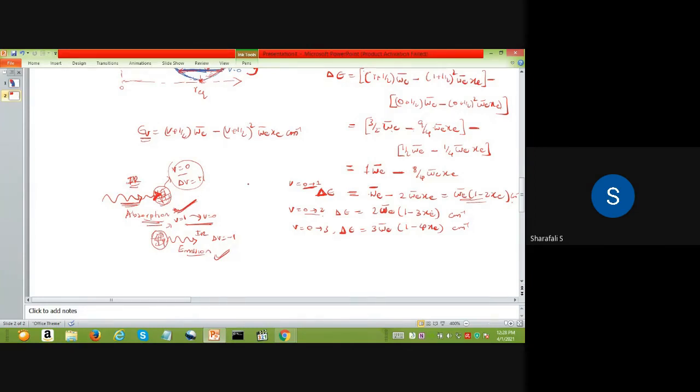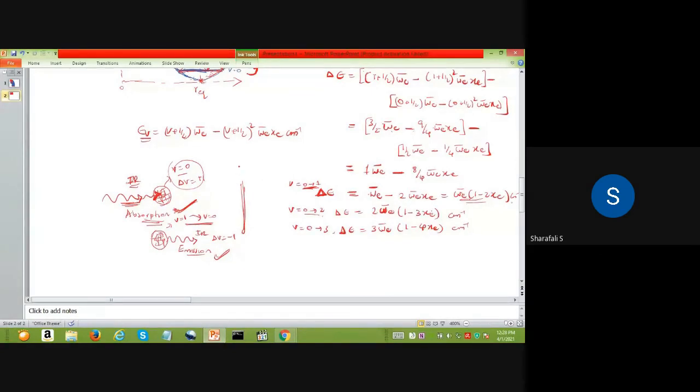That is the basic action happening in this transition. Physically, it will be absorbing or emitting that particular radiation. That is what is meant by this transition from one energy level to the next energy level.